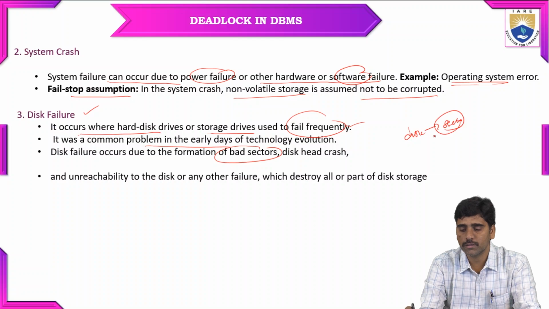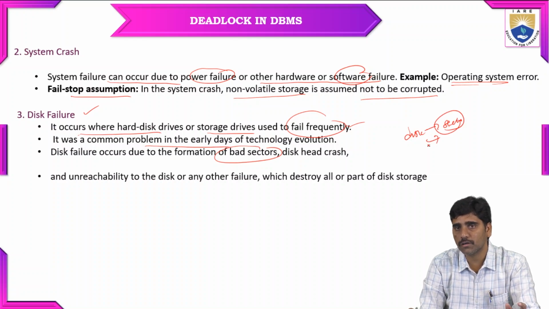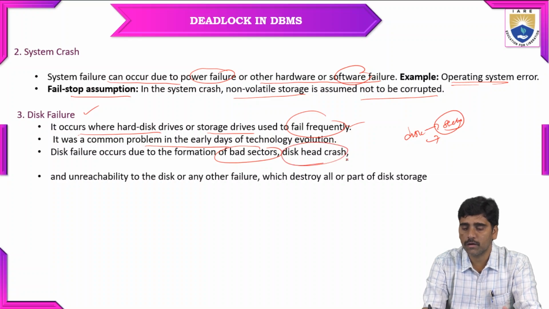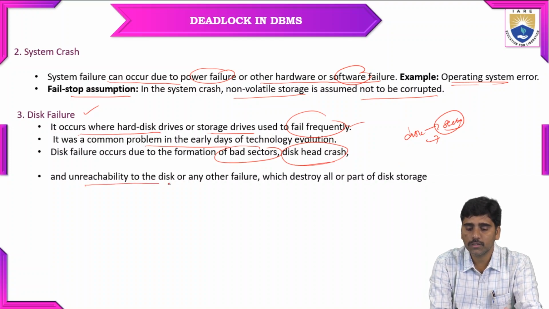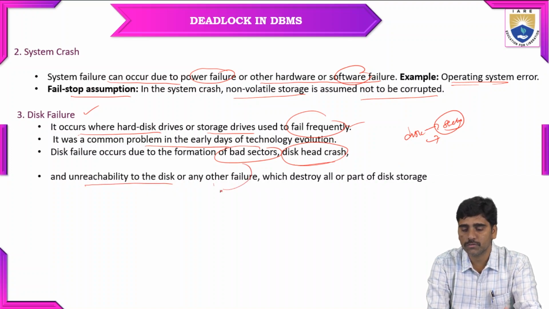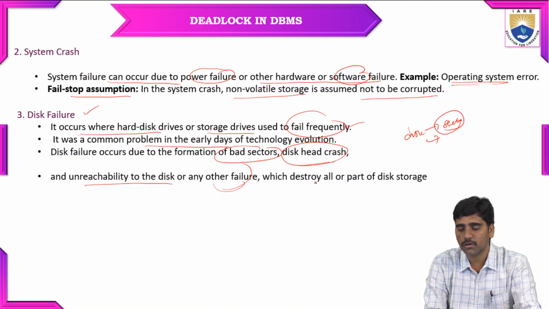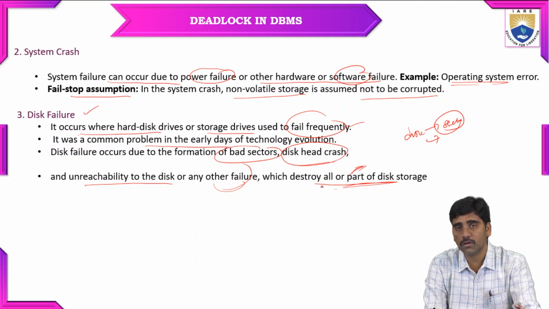If the disk is not configured with the sectors properly, then it automatically leads to disk failure. Also disk head crashes, unreachability of the disk, or any other failures related to the disk. It can completely destroy all parts of the disk storage.